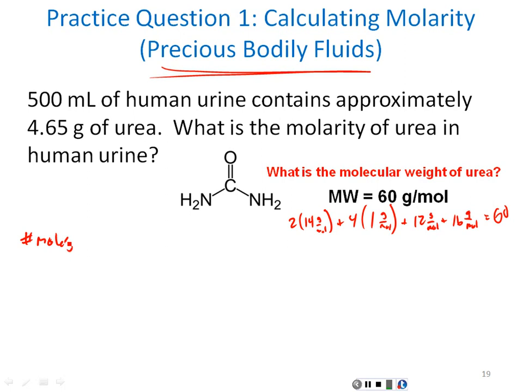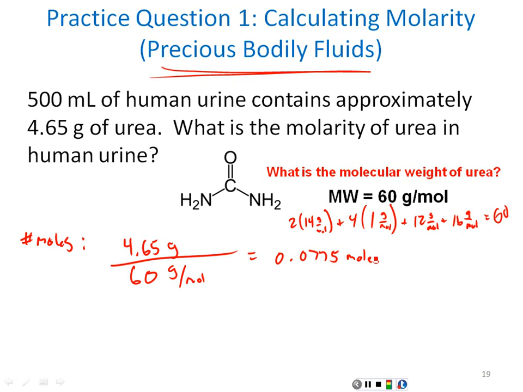So the number of moles of urea would be its mass that we have, 4.65 grams, and we divide that by its molecular weight, 60 grams per mole. That gives us 0.0775 moles of urea.